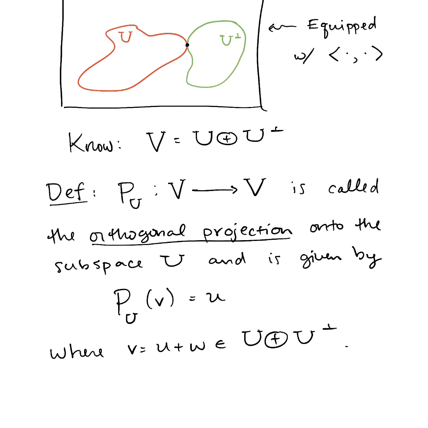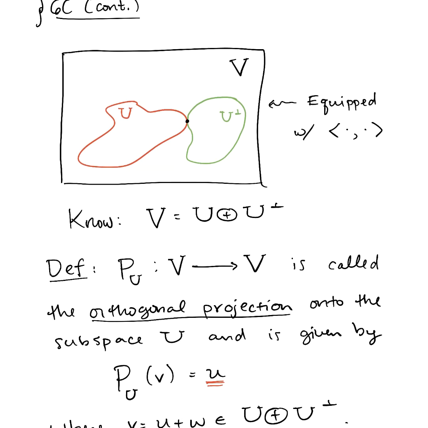In the picture, this is thing from the red. This is thing from the green. So when you feed V into the projection, it just keeps the part in the red. So in that definition, the role players are here. You got some random vector V, might be in neither green nor red.